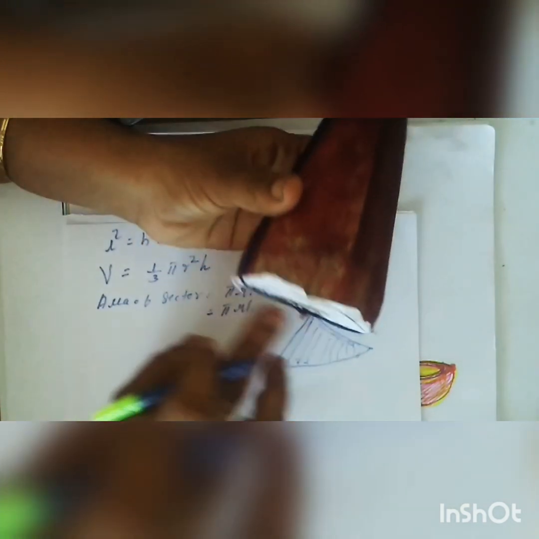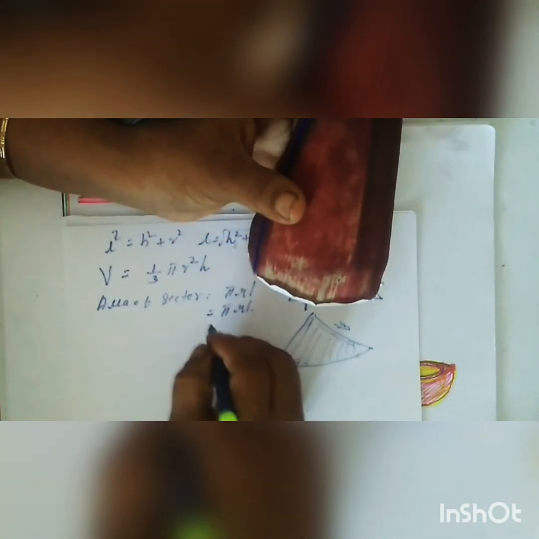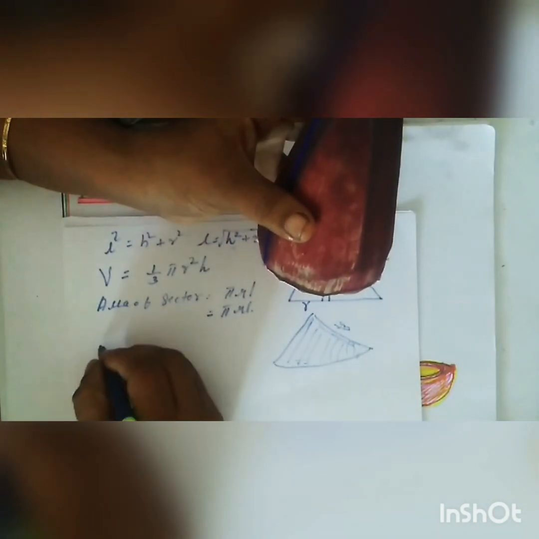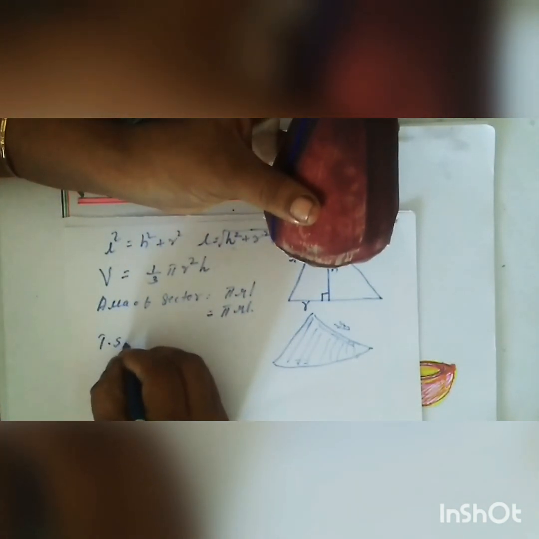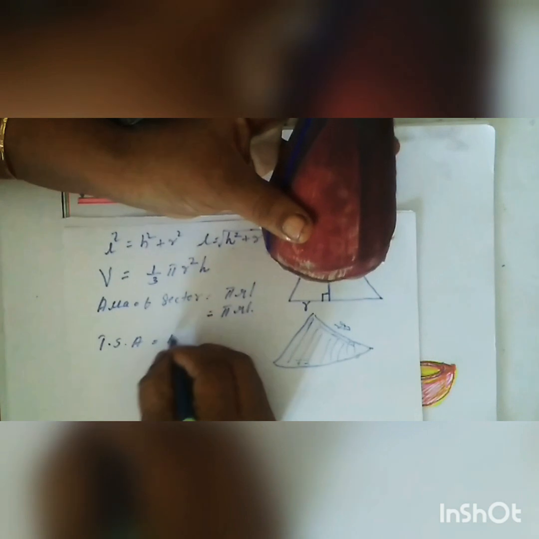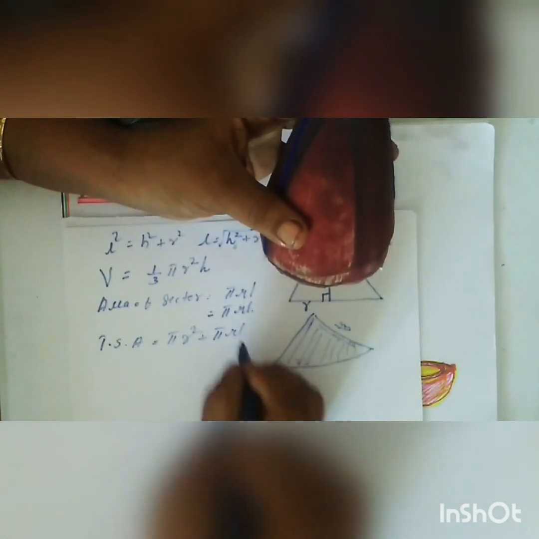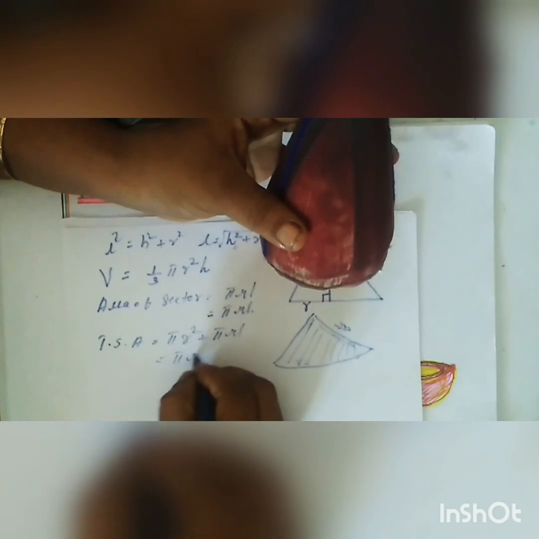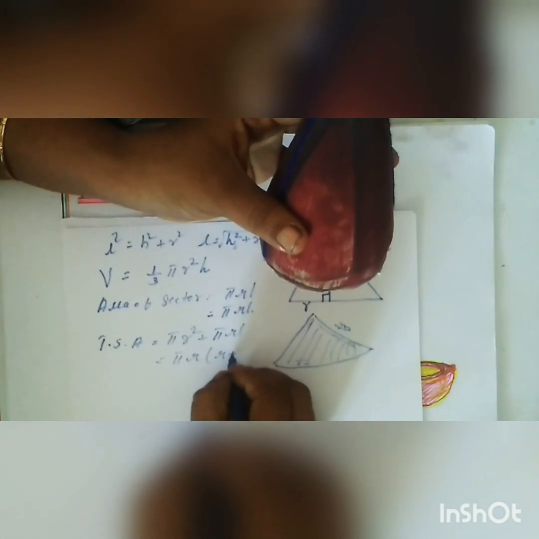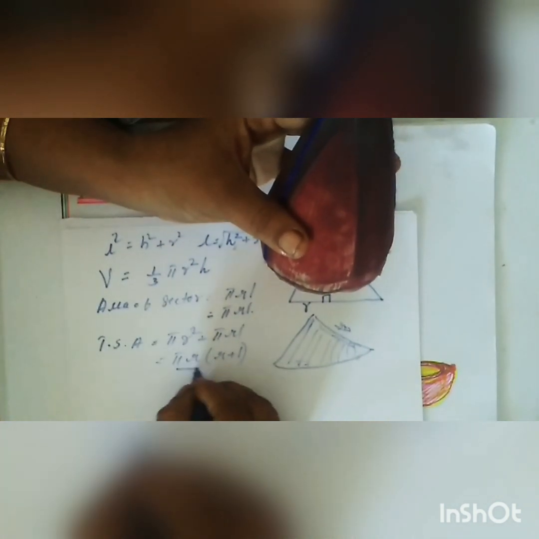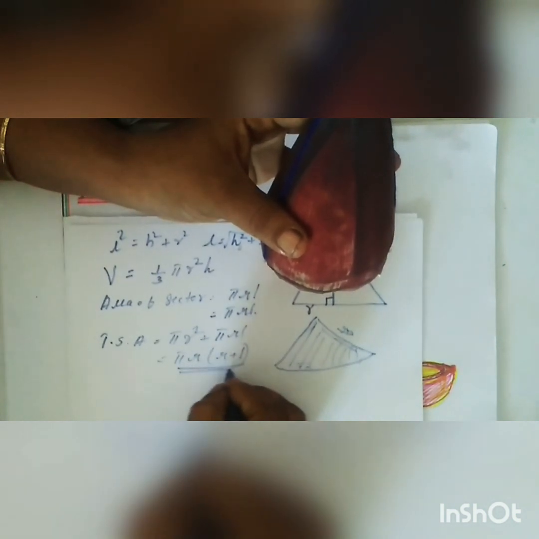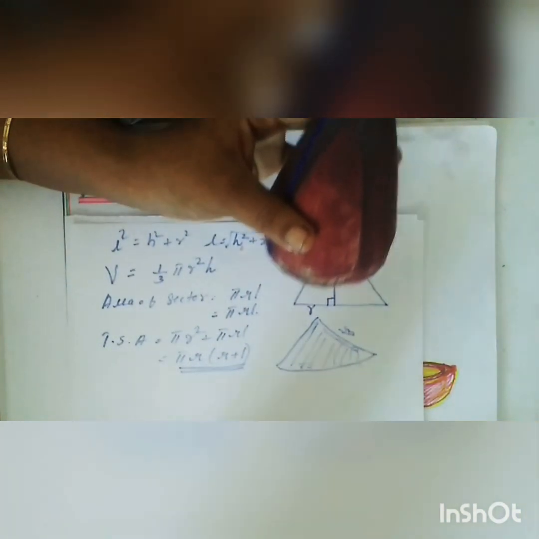Here is a circle also. Base area of the circle is equal to pi r square. Therefore, total surface area of this cone is equal to pi r square plus pi r L, equal to pi r into r plus L. This is the total surface area of this cone.